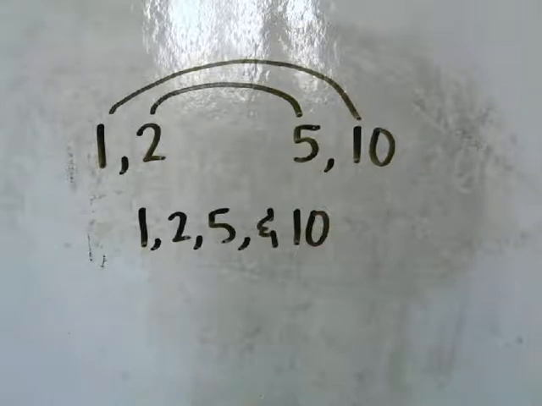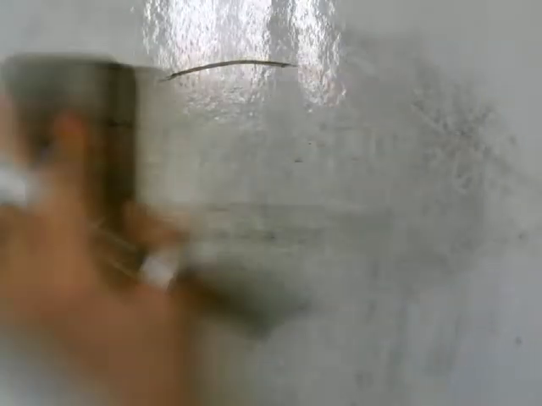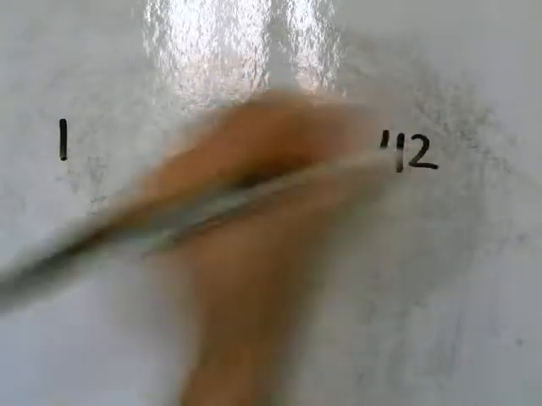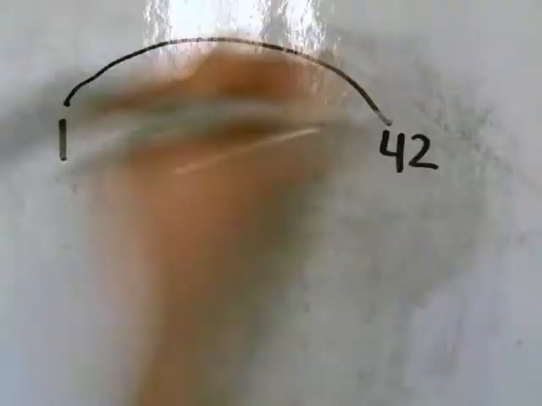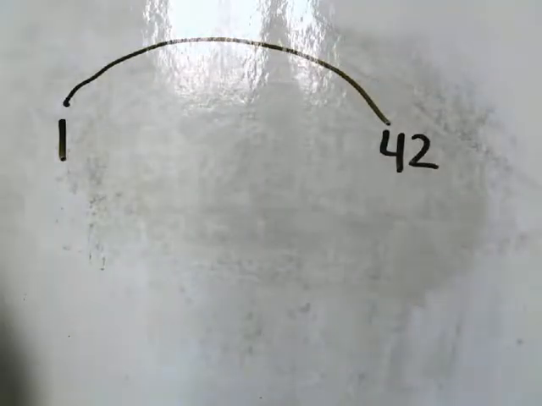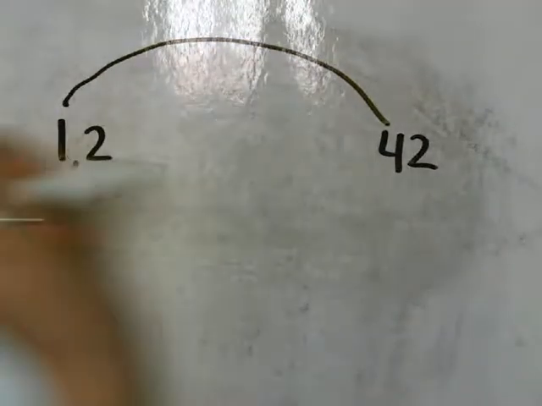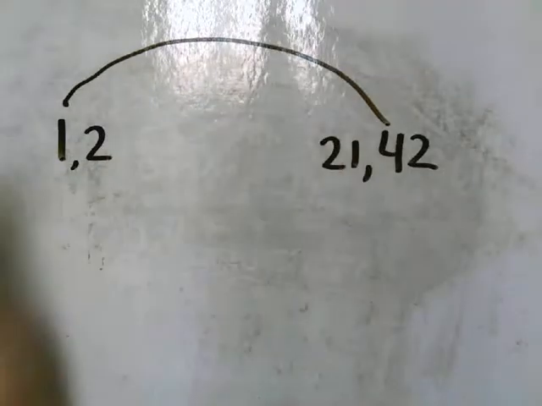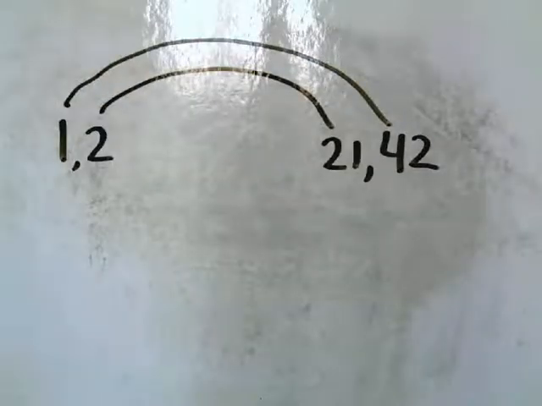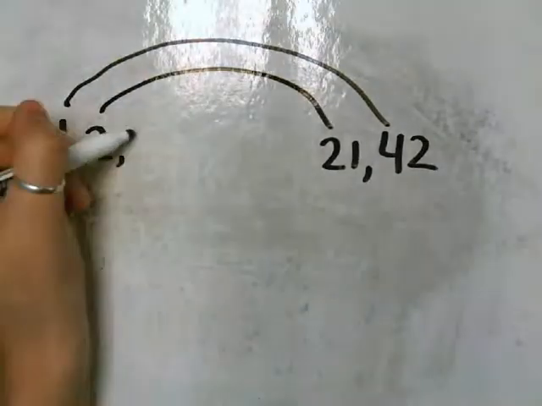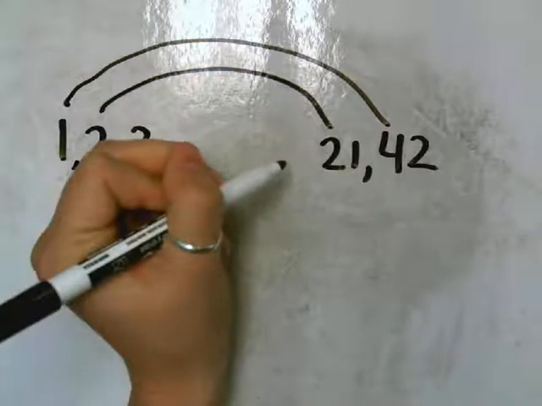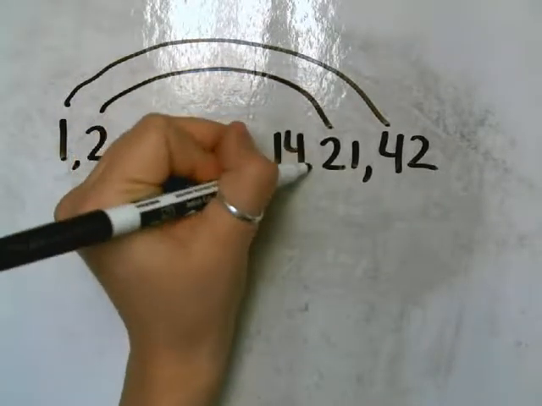Let's try the number 42. So we have 1 and 42. 1 times 42 is 42. 2 times 21 equals 42. 3 times 14 equals 42.